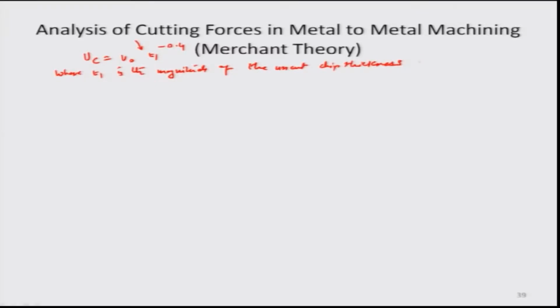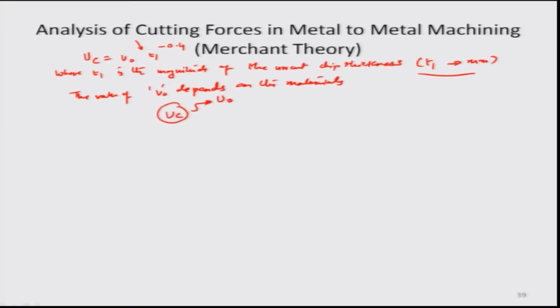This T1 actually is measured in millimeters. So, in this particular relationship, the T1 is in millimeters, and the value of U0 really depends on the materials. So, obviously, we are splitting down the Uc into two components.